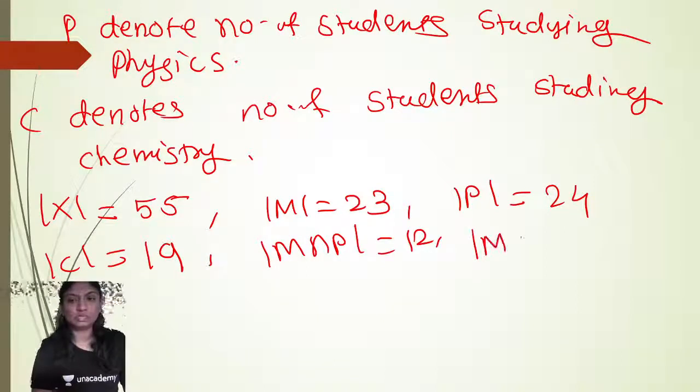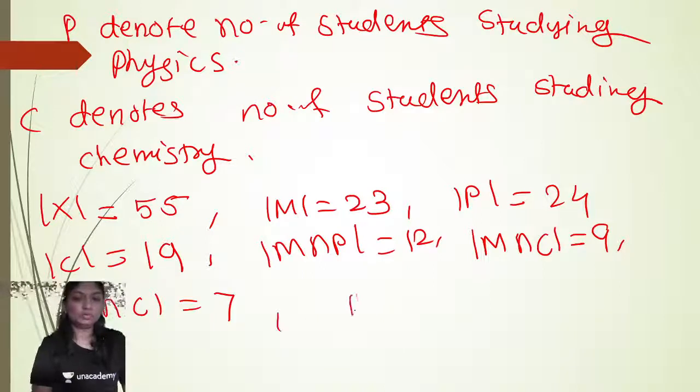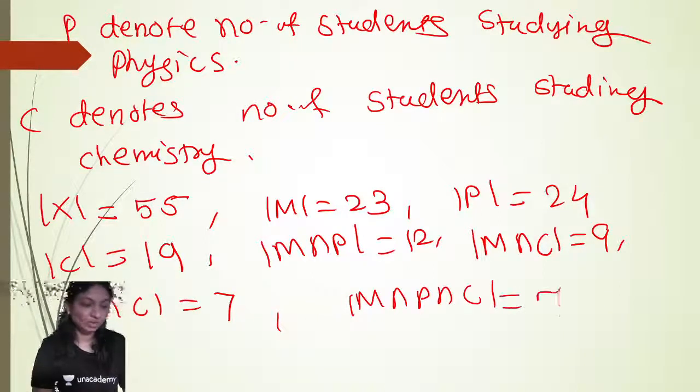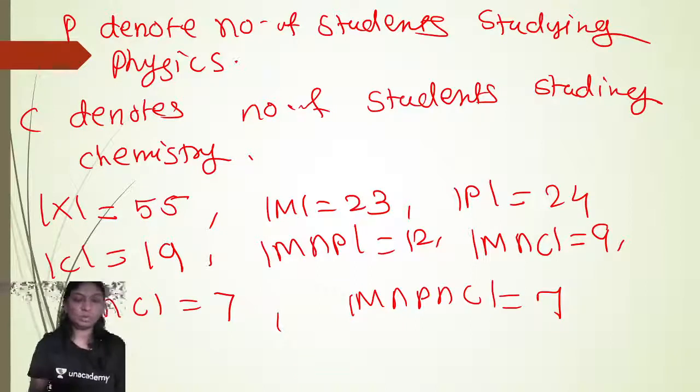Maths and chemistry 9. Physics and chemistry 7. And number of students studying maths, physics and chemistry is 4. Okay, so we will calculate here the number of students studying M union P union C.